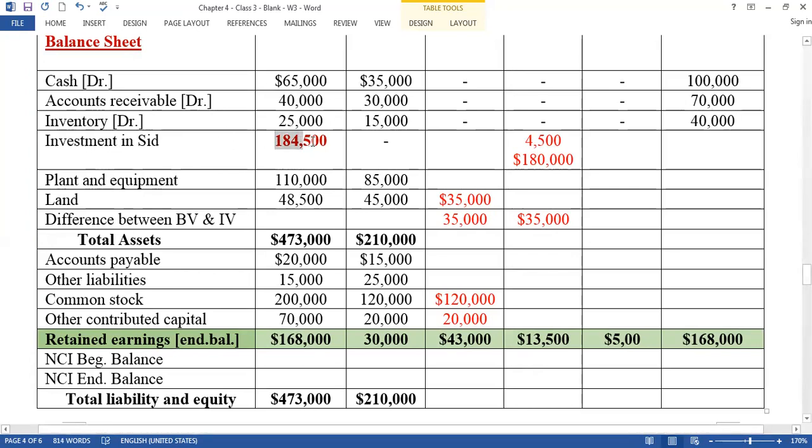Now this is also normal balance debit. We have debit 184,500 and credit also 184,500, right? So we have nothing. Plant and equipment, normal balance debit. Debit and debit plus, we don't have anything here.